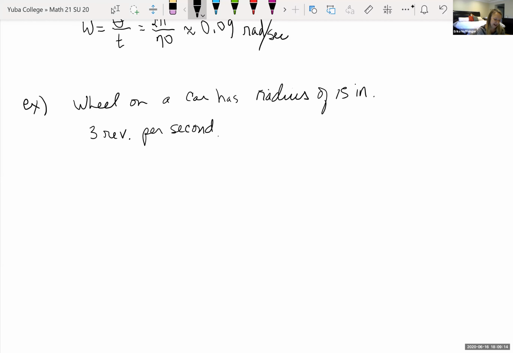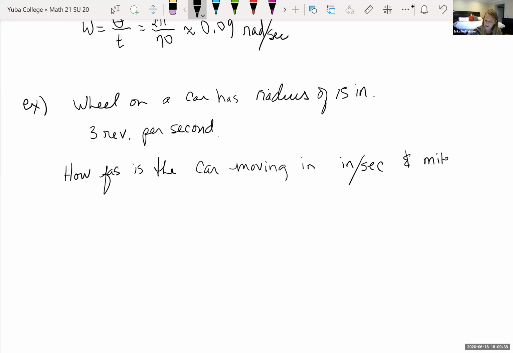And so we want to know, how fast is the car moving? And what did I say? Inches per second? And in miles per hour. Okay, so inches and seconds isn't going to be too bad because we're given that the radius is in terms of inches and we're given that the revolution, that time period, is in terms of seconds.